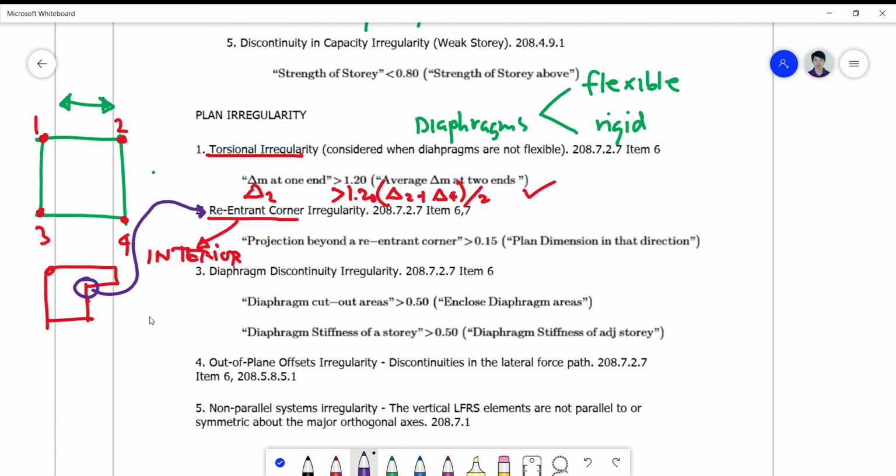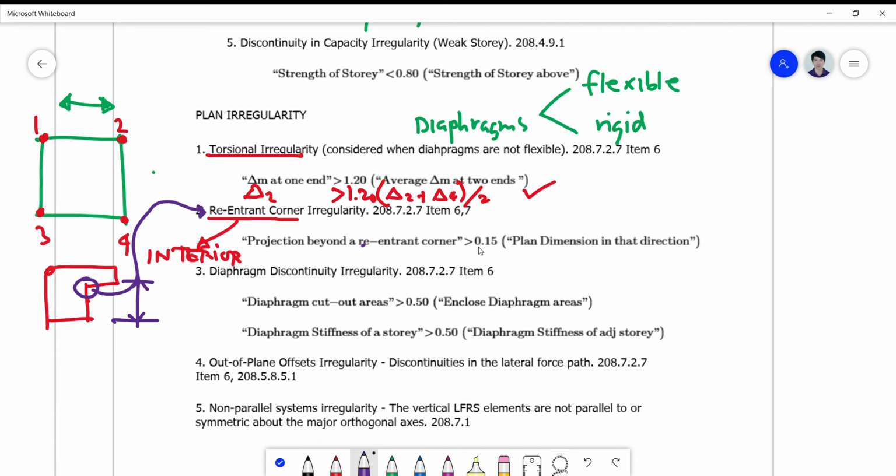Okay, so these are reentrant corners. You just look at the projection beyond the reentrant corner. What is the projection? If you are talking of earthquake in this direction, my projection is actually this one. This is the projection in this direction. This distance has something to do with a comparison on the plan dimension in that direction.